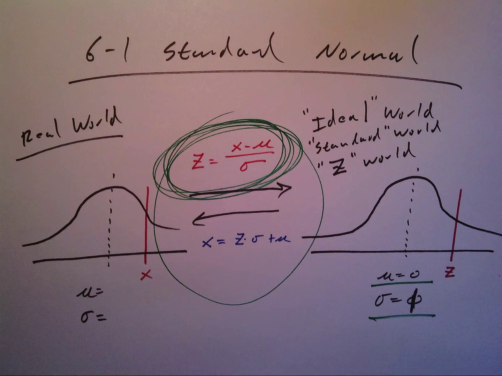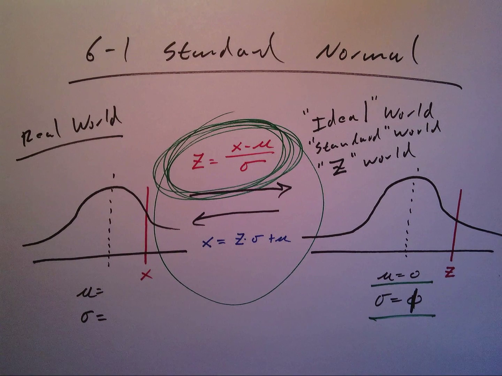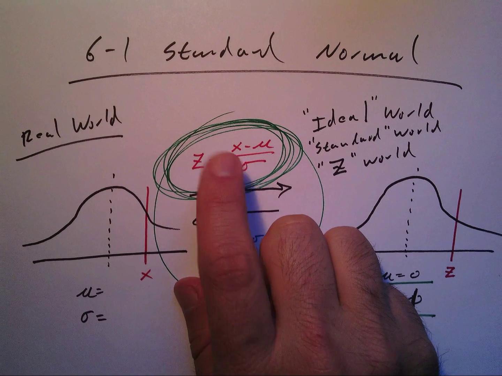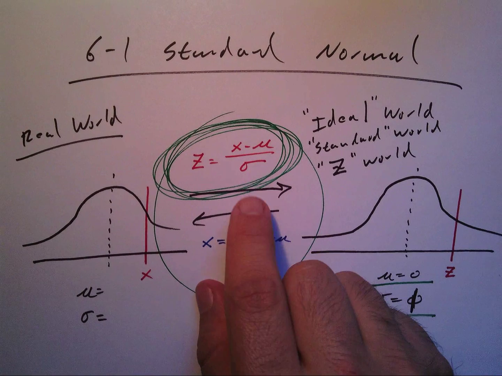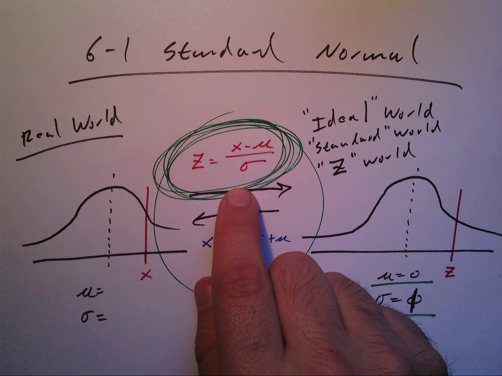And when we do the normal approximation of a binomial, we're going to use that a lot, especially if we're talking about presidential elections and polling. Then again, these values would change, but it's always the same setup. Your z value is equal to whatever your real value is subtracted by whatever your mean is divided by whatever your standard deviation is. It's just that your standard deviation formula changes from one type of problem to another.